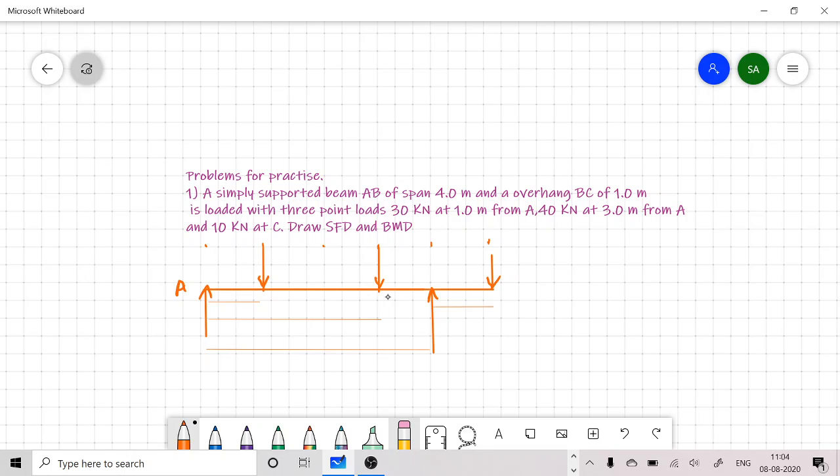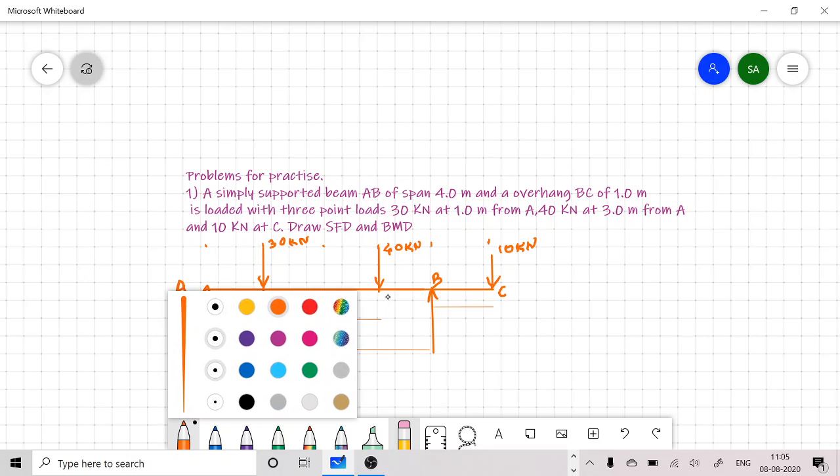Support A, support B, BC is overhang, first load 30 kilonewton, second load is 40 kilonewton, and load at free end 10 kilonewton.